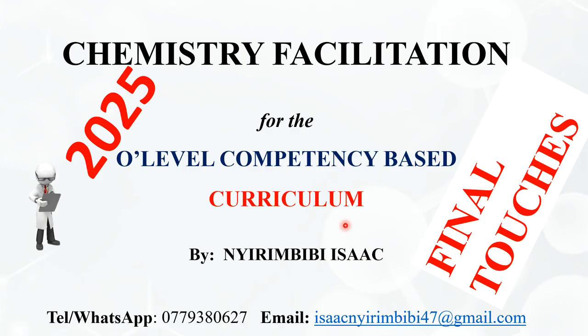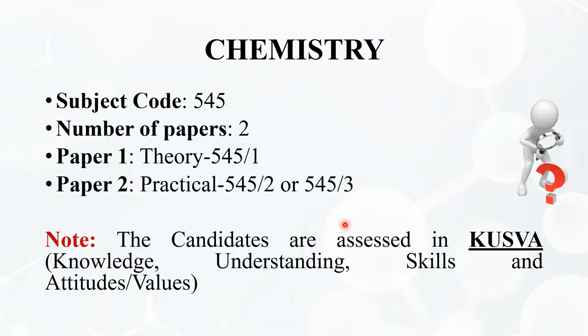Okay, let's dive into our chemistry, paper 1. Chemistry has a code of 545 and has two papers. That is paper 1, which is theory, with a code of 545/1.